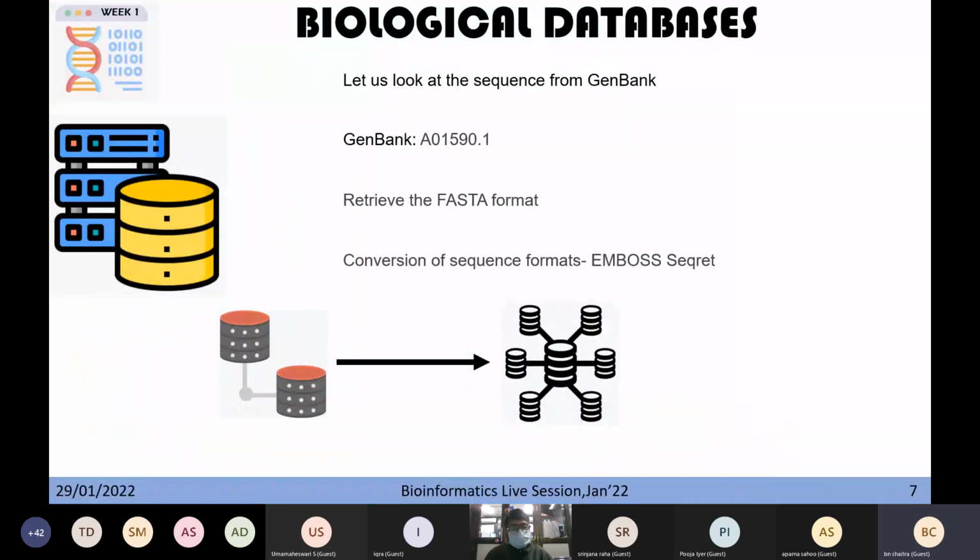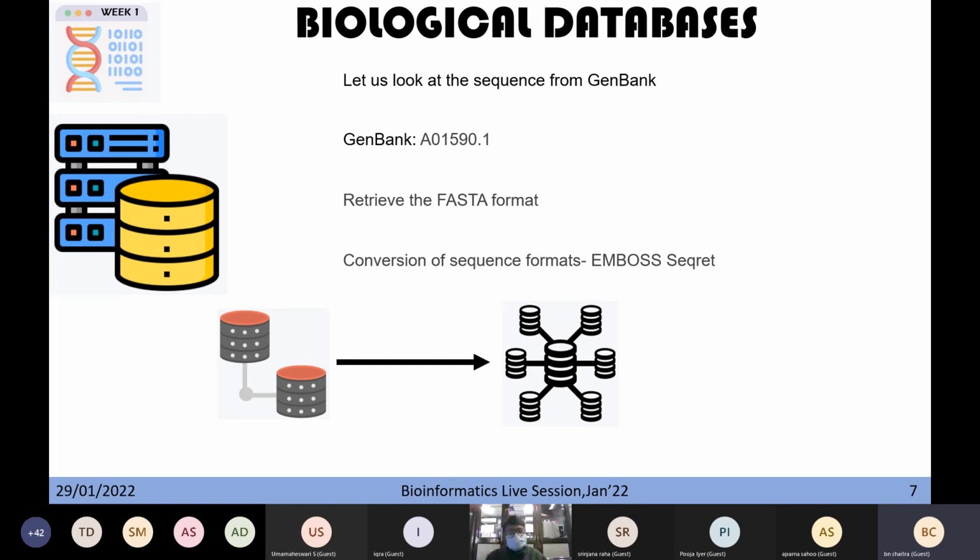You can appreciate the fact that there are so many databases, so many file formats, so many sequences coming up, so many organisms, so many groups working, so many things coming up daily, every moment, every second.